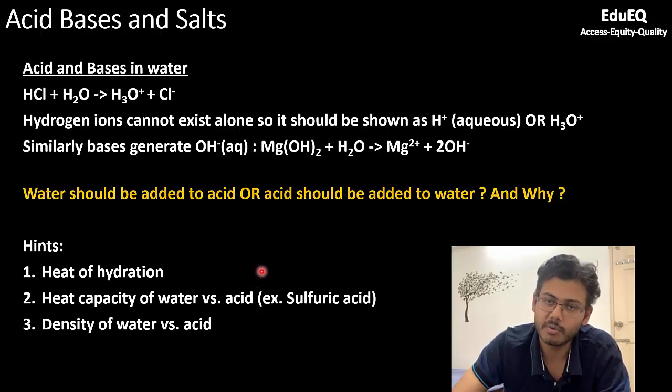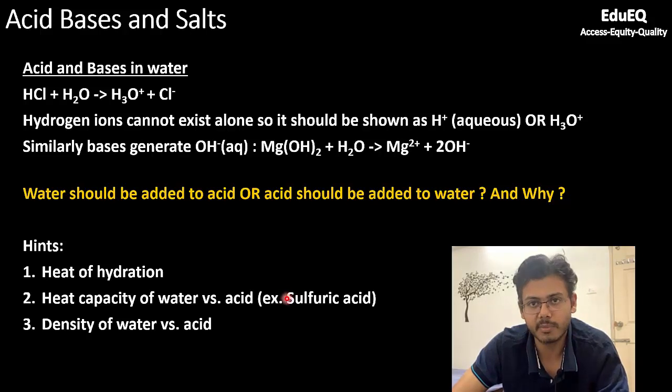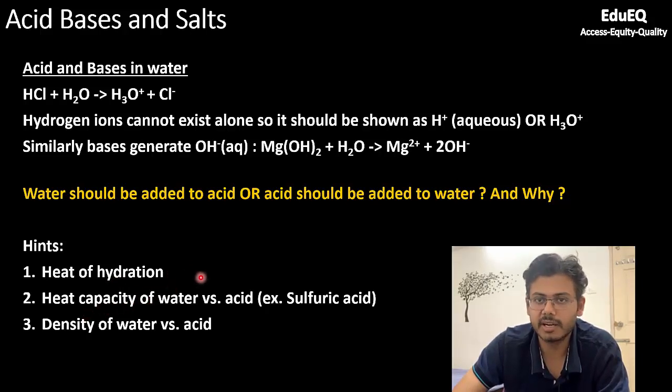Instead, it should be the other way around. You should have water in the beaker and slowly trickle down the acid along the walls of the beaker or test tube. Since sulfuric acid is heavy, it will slowly go and settle at the bottom. Secondly, because of the heat of hydration, water, which has much higher heat capacity, will absorb that heat without getting splashed, because its heat capacity is almost 2 times that of acid.